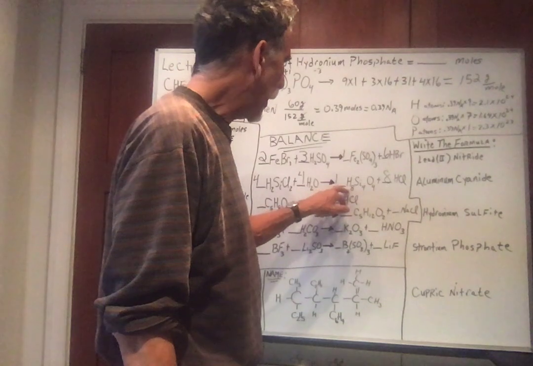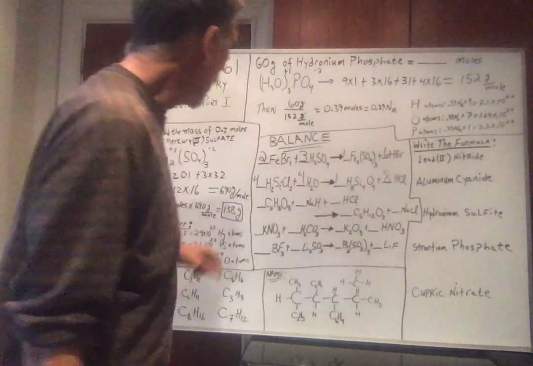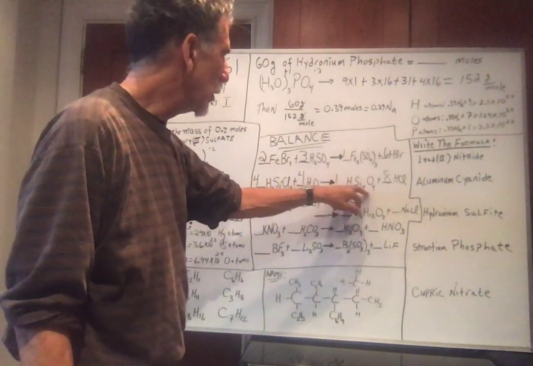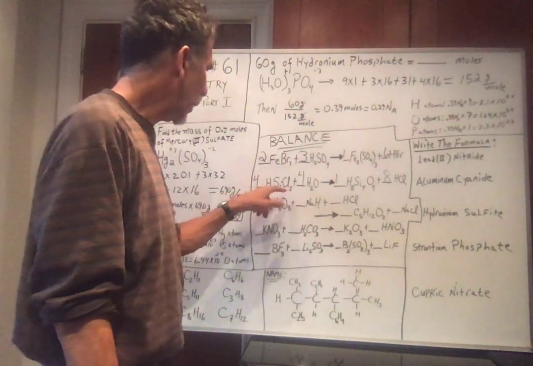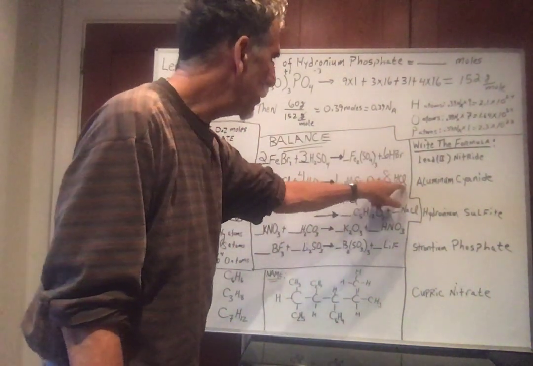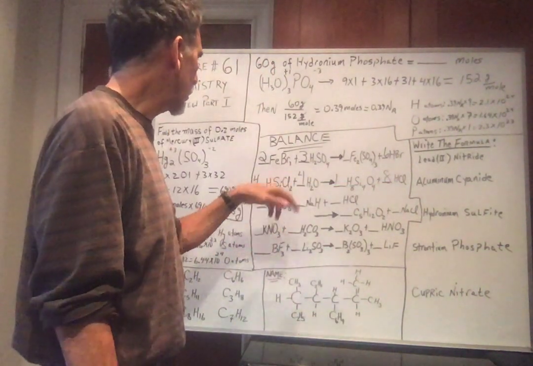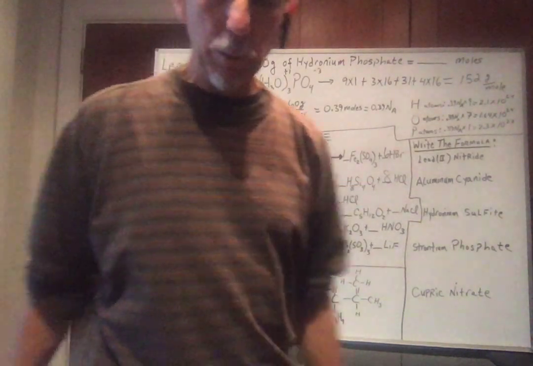Here we have 8 hydrogens. Here we have 8 hydrogens. That's 16. Good. Count the silicons. 4 silicons, there's 4 Sis here. That looks good. Chlorines. 4 times 2 is 8. There's an 8 in the hydrogen chloride right here. And what else? Oxygen, 4 oxygens, 4 oxygens. Okay, that one looks good.